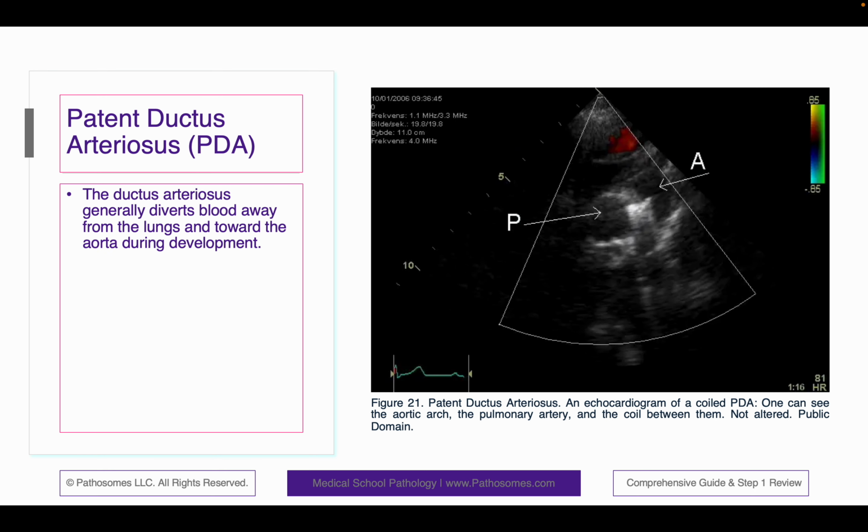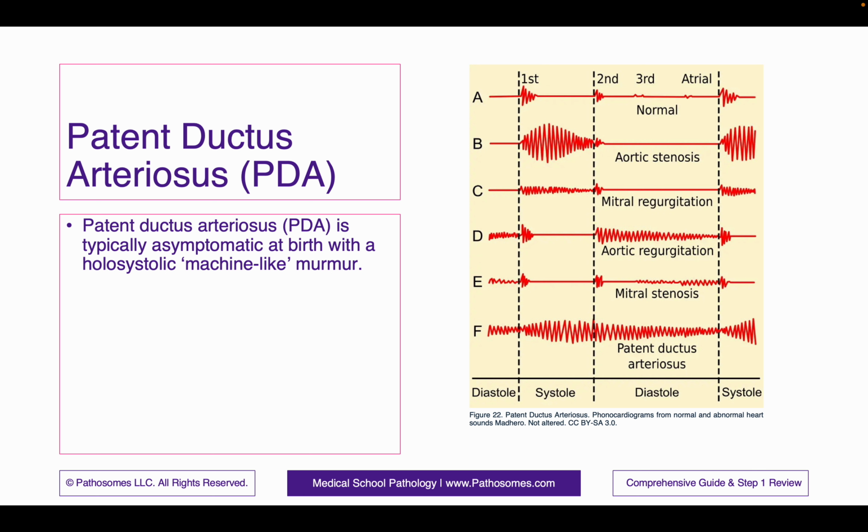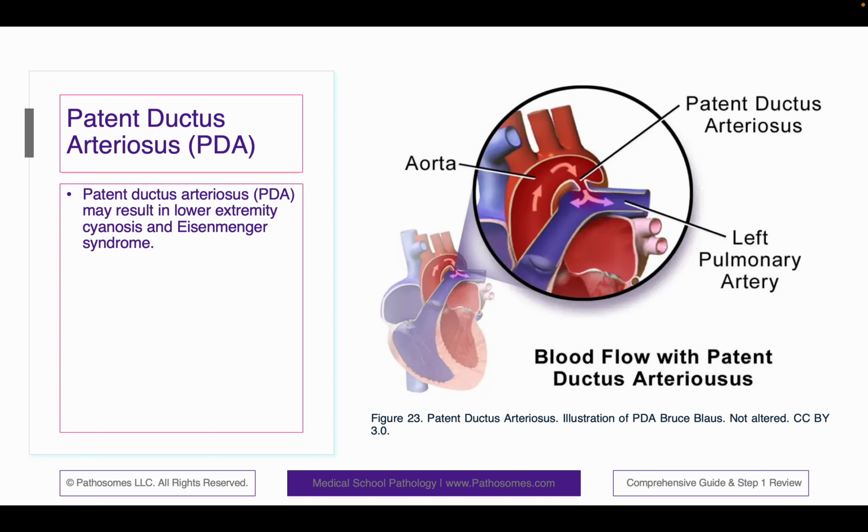The ductus arteriosus generally diverts blood away from the lungs and toward the aorta during development. The patent ductus arteriosus is typically asymptomatic at birth with a holosystolic, machine-like murmur. A patent ductus arteriosus may result in lower extremity cyanosis and Eisenmenger syndrome.